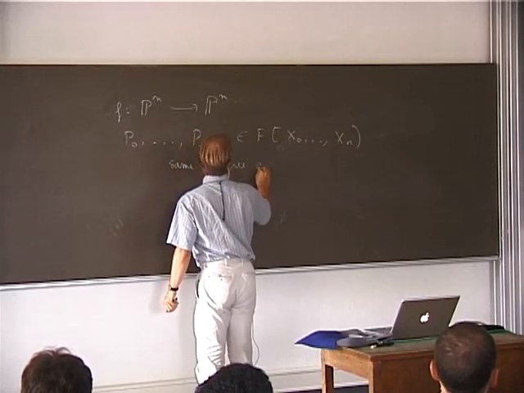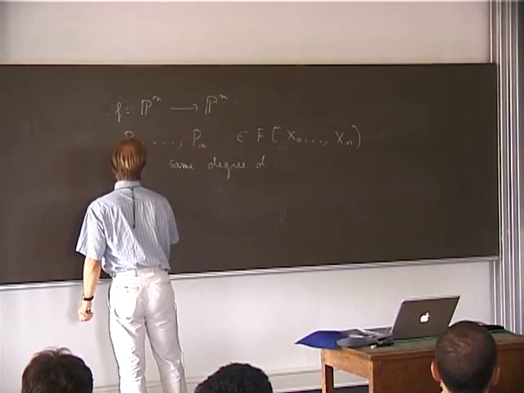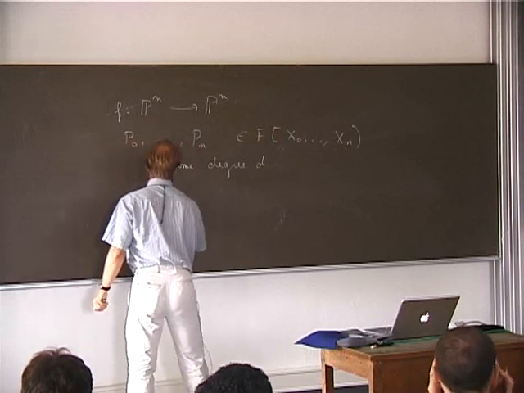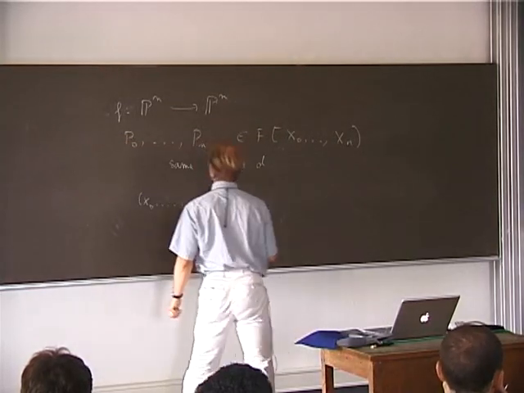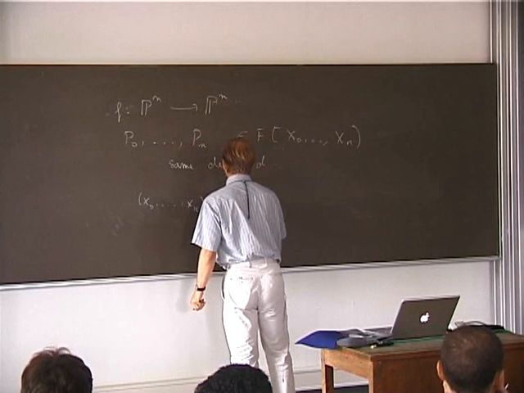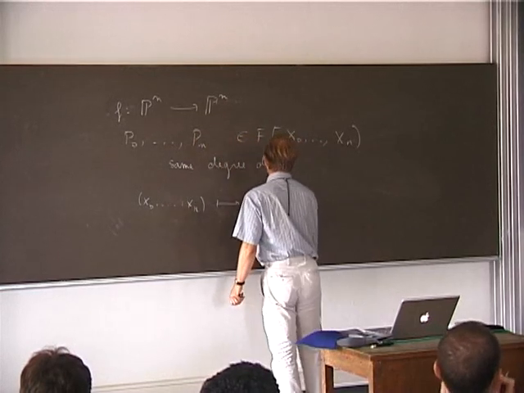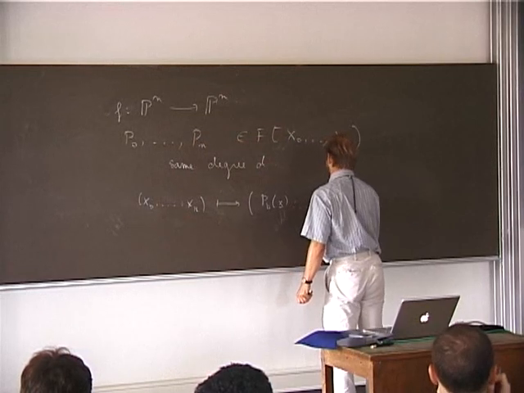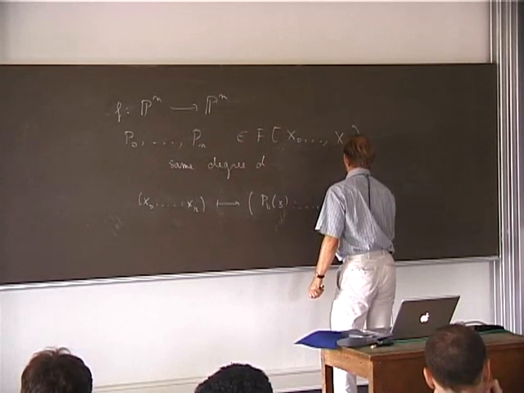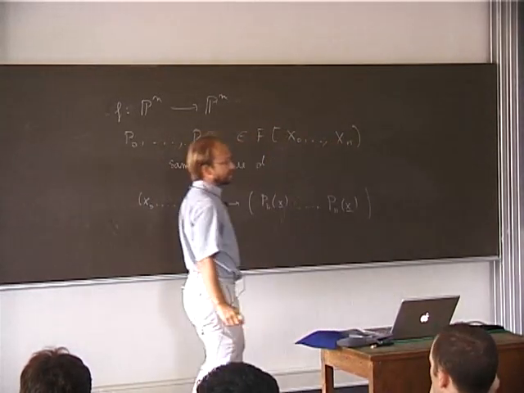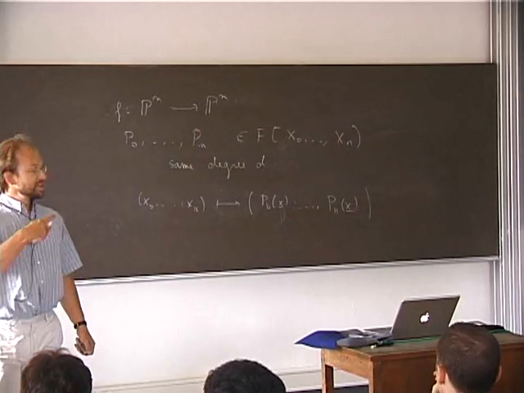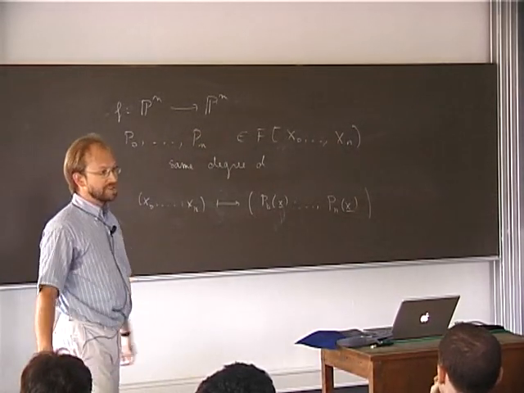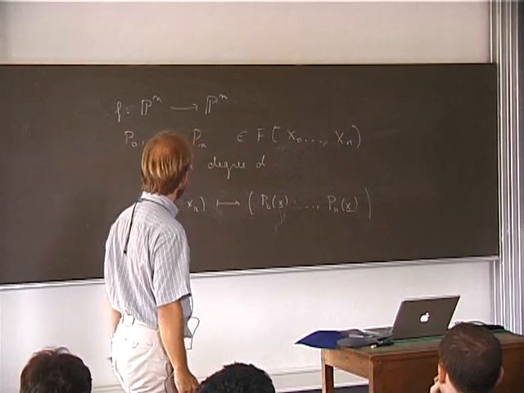And then there is a map which maps the point of homogeneous coordinates x0, ..., xn to the point of homogeneous coordinates P0(x), ..., Pn(x). And of course, this is only defined outside of the locus where the polynomials P0, ..., Pn simultaneously vanish.